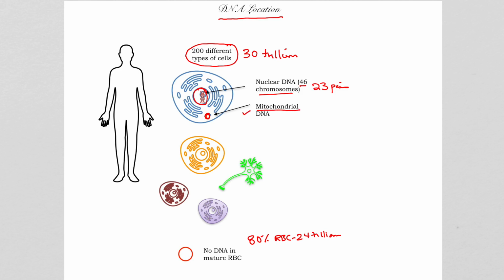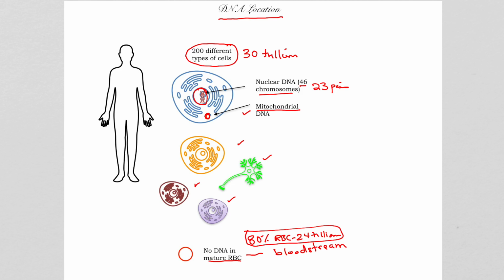So almost all the 200 different cell types in our body have DNA, except these very important cells, your red blood cells. So the 24 trillion red blood cells, your matured red blood cells that are floating around in your bloodstream, they do not have DNA.